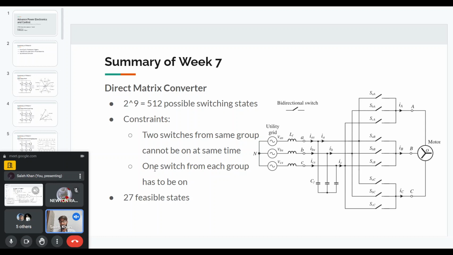The second constraint is that one switch from each group has to be on. Sorry, the first constraint told us that at most one switch has to be on, and the second constraint is telling us that at least one switch has to be on. Because we are assuming that we have an inductive load. For example, a motor is a type of inductive load.